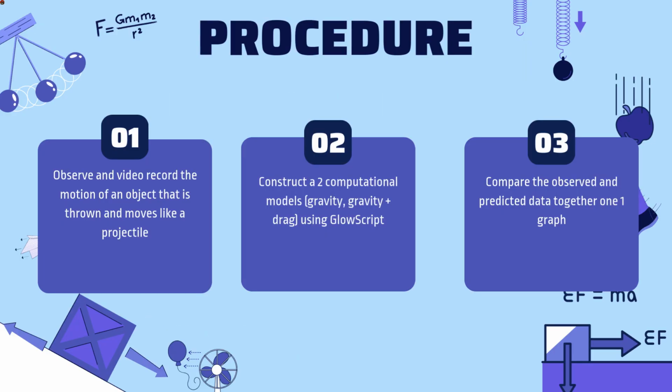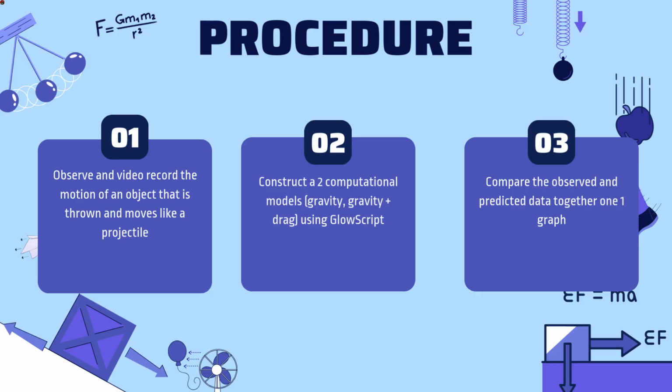So for this lab, there were three main steps for the procedure. Firstly, to observe and record a video of the motion of an object that is thrown in projectile motion. The second being to construct two computational models, the first including gravity and the second including gravity and drag, using GlowScript.